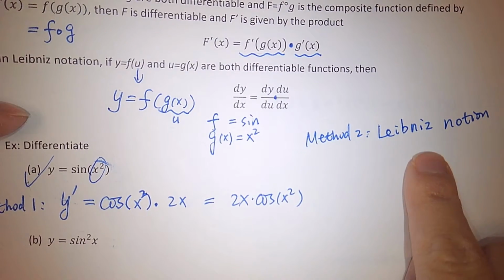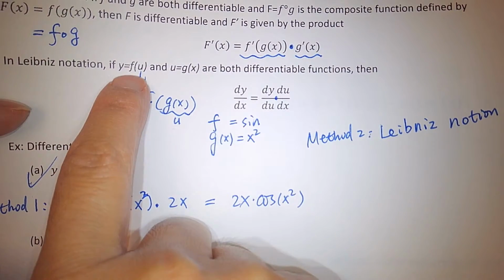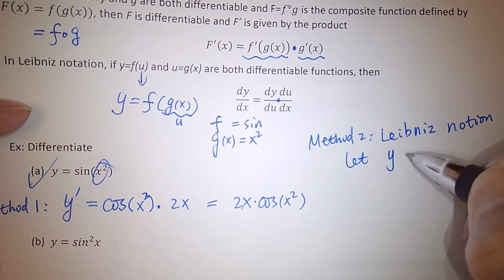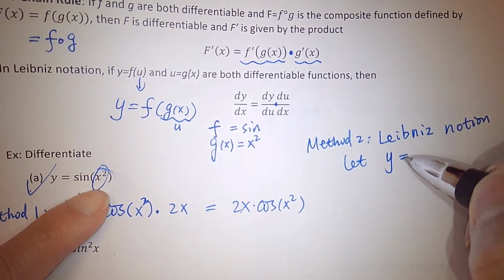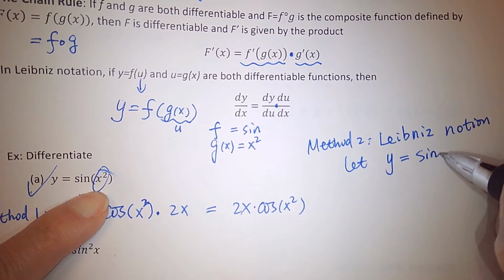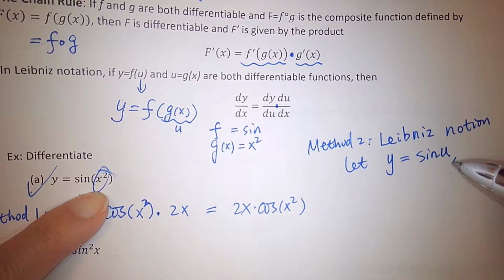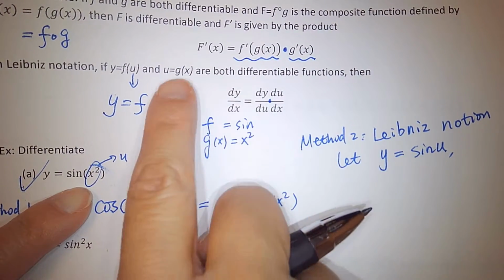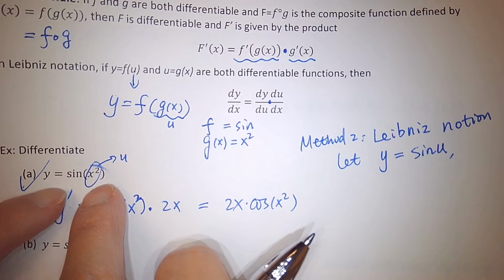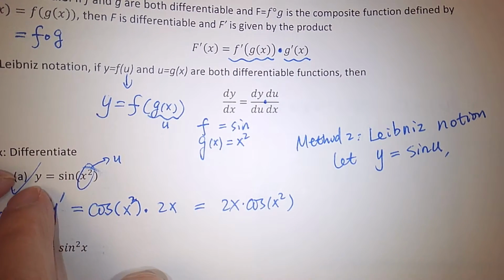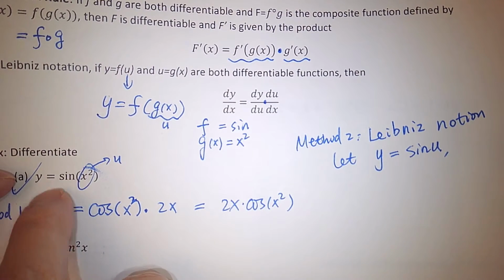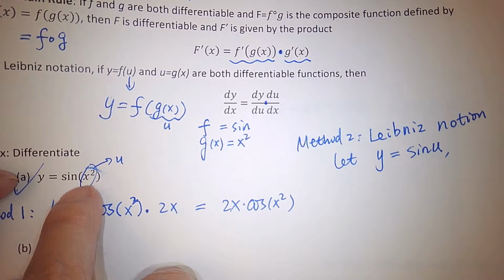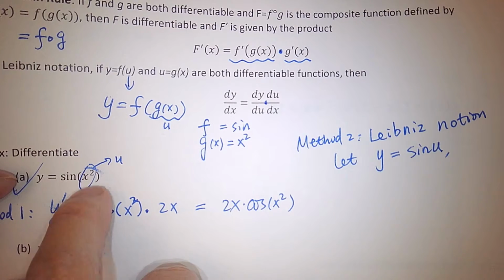By using Leibniz notation, we need to know function f and function g, right? So we let y equal f of u, sin of u, okay? And u is what? U is x squared, right? Do you see that? y equals sin of u, and u equals x squared, right?